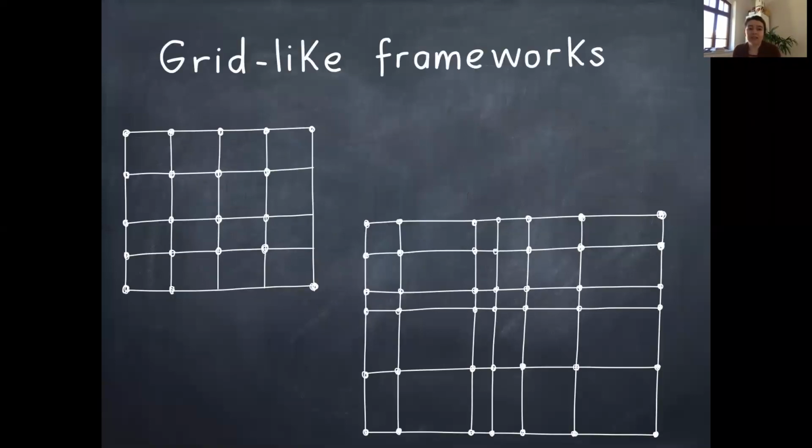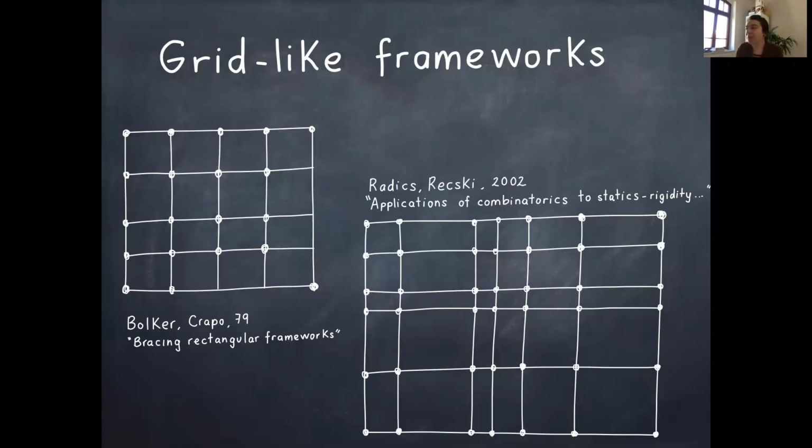So when we're considering grid-like frameworks, so here we have 2 grid-like frameworks, we know that if we place diagonal bars in these frameworks that follow special rules or that have a special configuration, then the framework will be rigid. And this is a theorem by Volker and Crapo. There are also other people that have considered grid-like structures, but the theorem is basically pretty much the same.